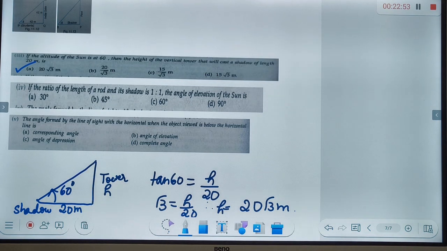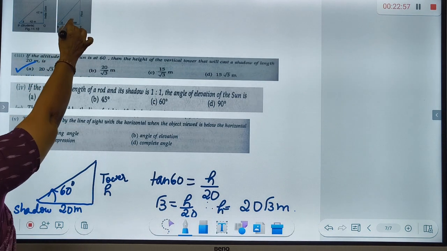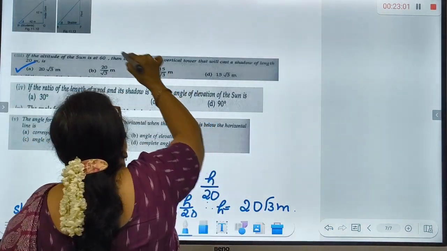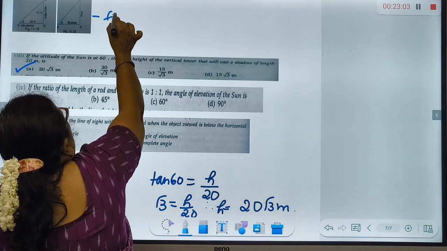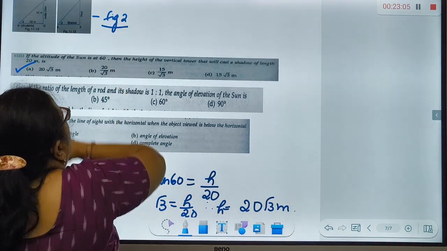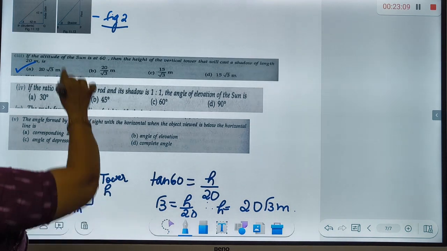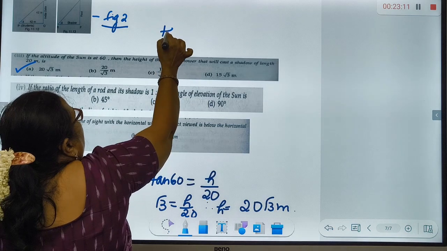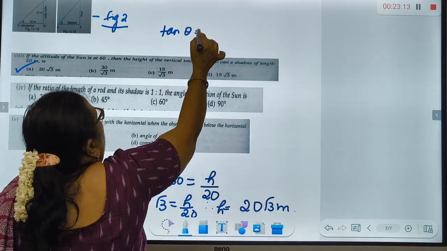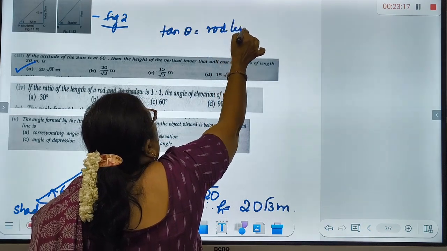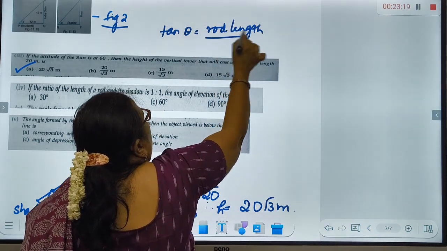Next question, if the ratio of the length of a rod and its shadow, the figure is here. So let us look at the figure. I'll call this figure 2. Now, the ratio of the length of a rod and its shadow. So tan theta equal to rod length by length of shadow.